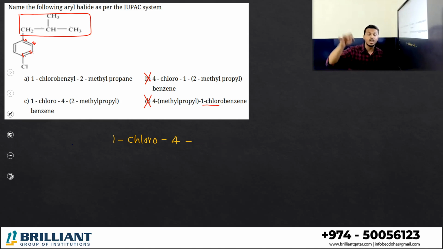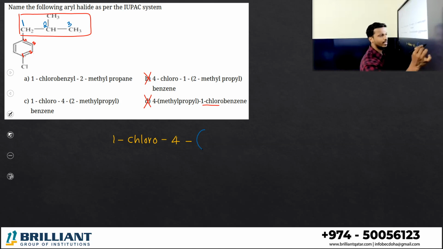That is considered as number 1. So this is number 1. After that, select the longest chain in the branch. Either you can take 1, 2, 3 right or 1, 2, 3 the above. All are correct. All are fine.